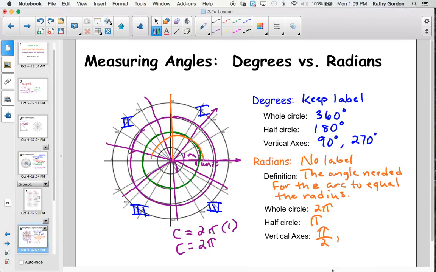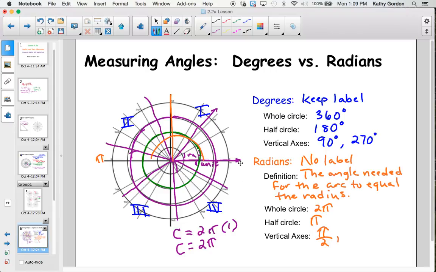Okay, here comes the tricky one. What's the negative axis? Negative axis is halfway between what and what? This is pi.